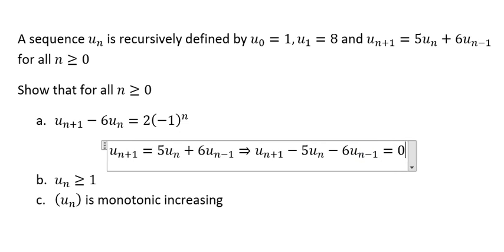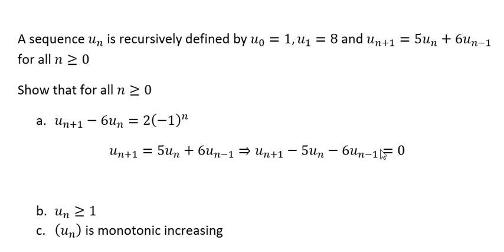Now next thing I do is that I identify this as kind of a second order recurrence relation, because the difference between the highest subscript and the lowest subscript is 2. You can just kind of think about a second order differential equation.